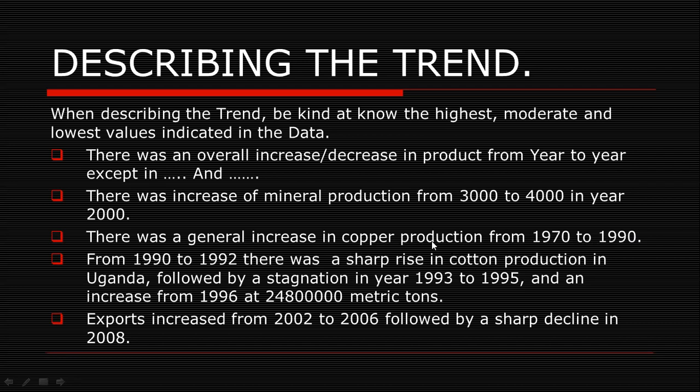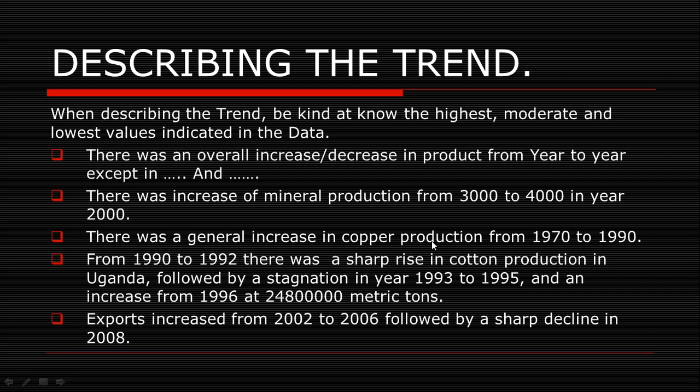In 1992, maybe it was 20, 1993, 30, 1994, 50. That is general increase. It means it was increasing every year. But when you say it is increasing, you can say it was increasing by 10%, or it was increasing by 20. In 1970, it rose to 1990 at 70, something like that.